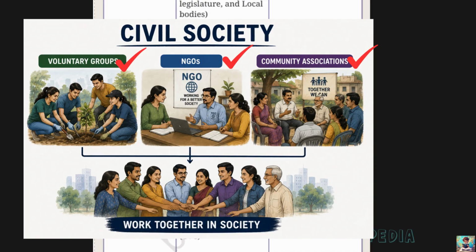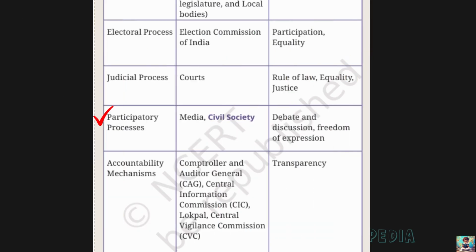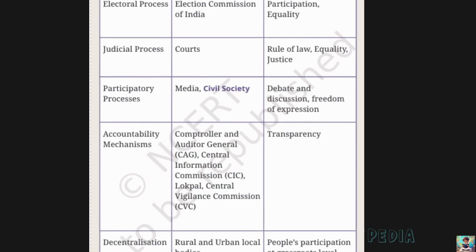And these groups are not part of the government. They work independently, but they are part of society and can take part in public issues. So, in simple words, civil society means people coming together voluntarily to work for issues that matter to society. And participatory processes promote debate, discussion, and freedom of expression.